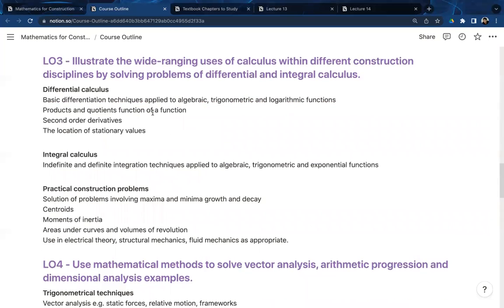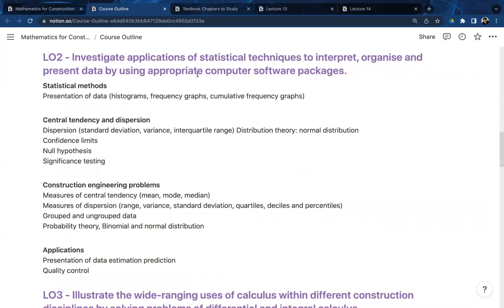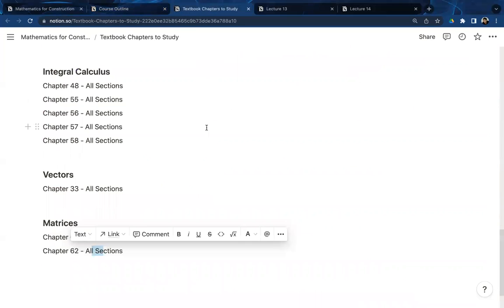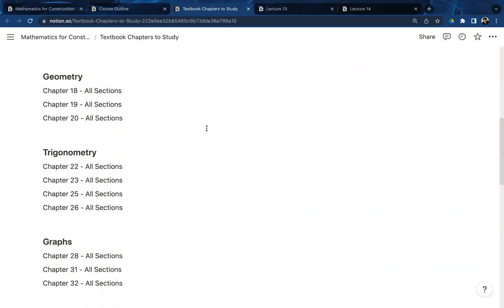So that's what I kind of want to review now. What are the textbooks for trigonometry? Sorry, the chapters. You see 22, 26. Some of these chapters you don't really have to do, right? But the geometry, you should know how to find nice, simple areas and volumes and that kind of thing. So I'll do that just now.